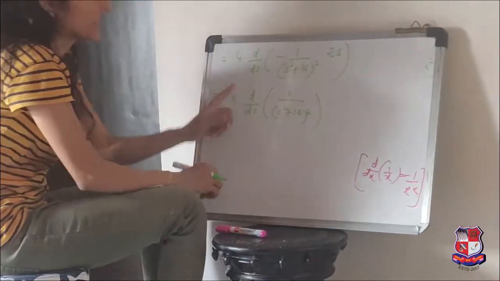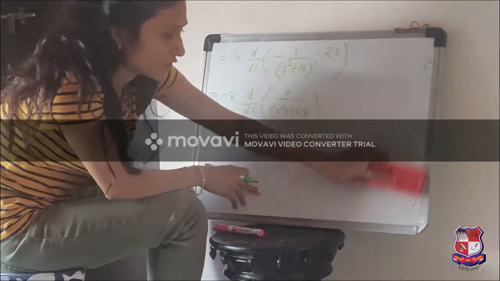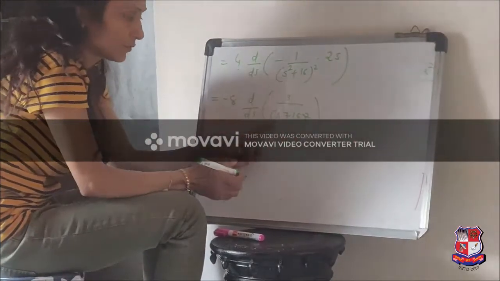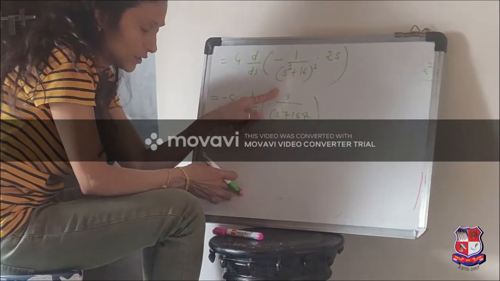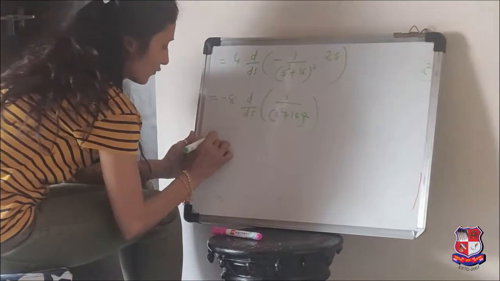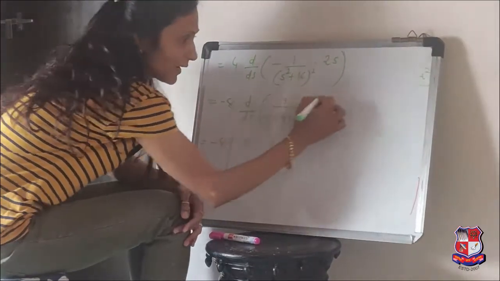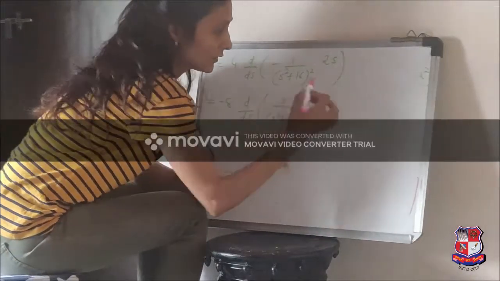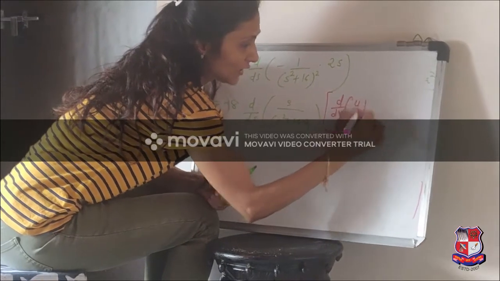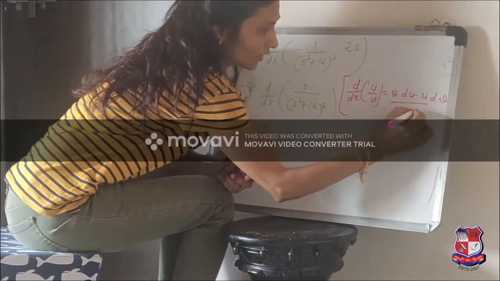Now here we take the derivative again with respect to s. We use the u by v rule, because s is present in both the numerator and the denominator. Therefore minus 8. First of all, the u by v rule: d by dx of u by v is v du minus u dv over v square.